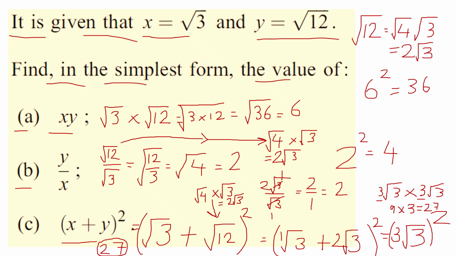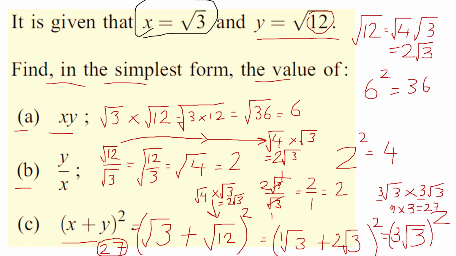You're looking for the biggest square number factor that goes into 12. 3 doesn't work here because 3 is actually prime. And there's no other square number other than 1 that goes into 3. So that's why I can't simplify root 3, because there's no square number larger than 1 that fits into 3. Hence why root 3 cannot be simplified, just to be clear.